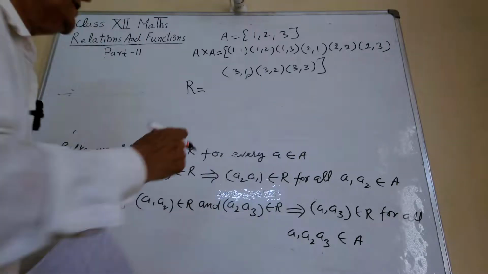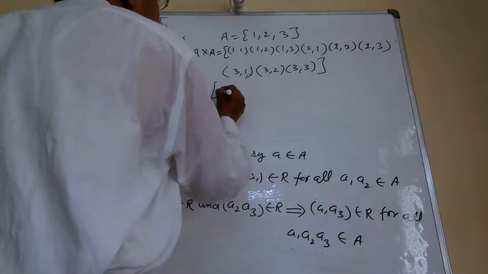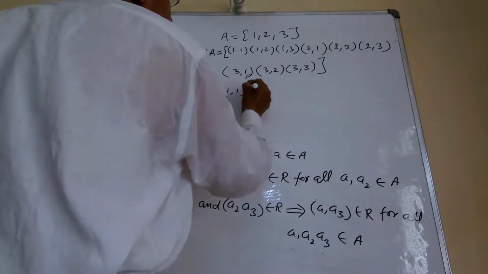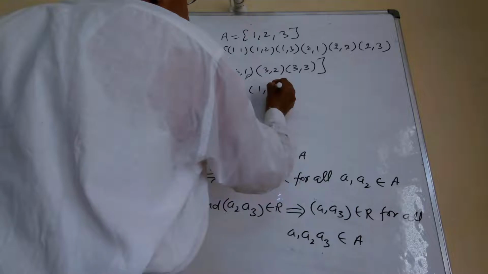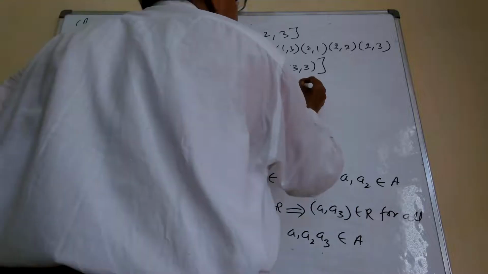Then R is (1, 1), (1, 2), (1, 3), (2, 3), and (2, 1), and (2, 2).